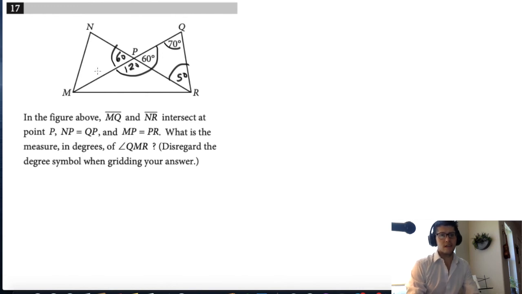And then they tell us that MP and PR are equal, which means that the remaining degrees for the triangle MPR must be split evenly, which means the remaining 60 degrees turn into a couple of 30-degree angles. 120 plus 30 plus 30 for 180. And all they wanted to know was QMR, which was this 30 degrees, right?